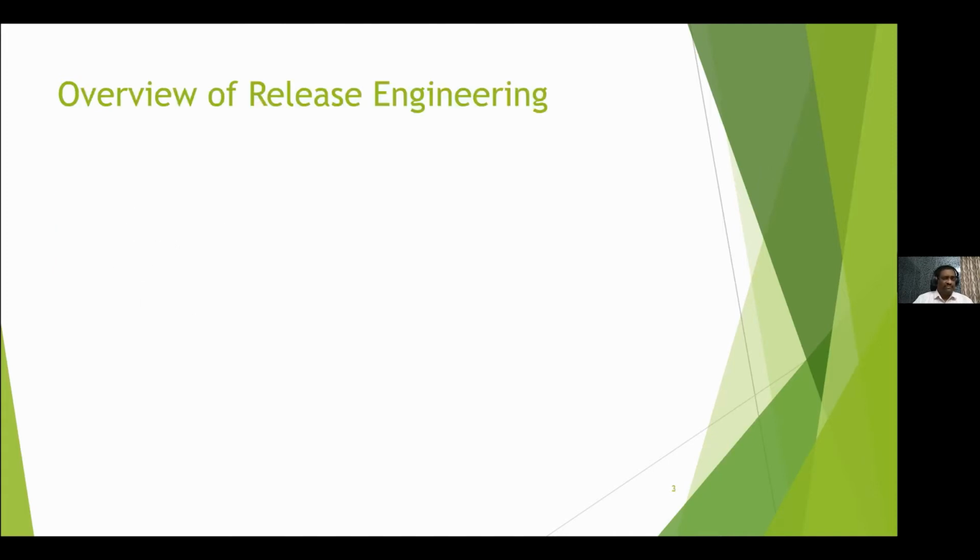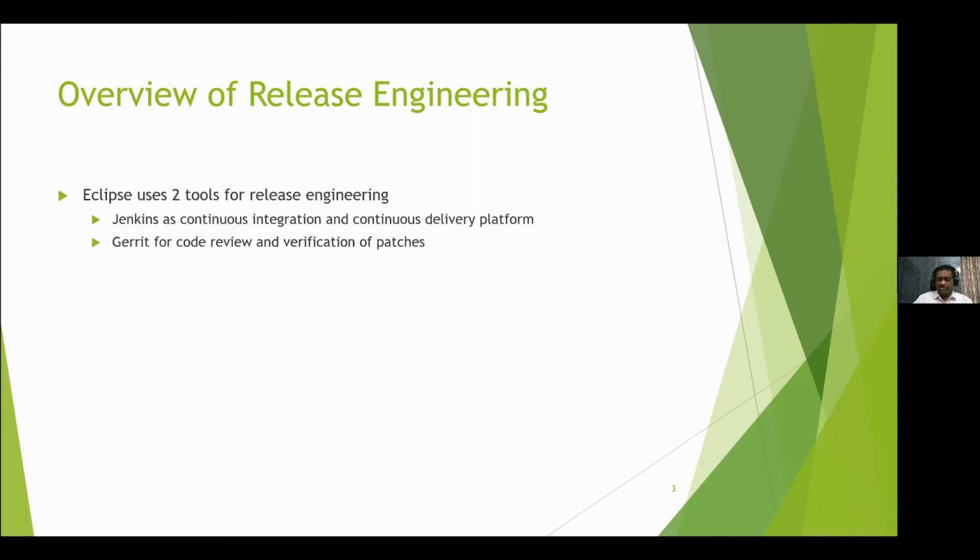Now, first, at Eclipse platform, we use a couple of tools for release engineering. The first one is continuous Jenkins, and we have 5 different instances, one for release management and 4 for Gerrit integration. For the release management, we have one specific Jenkins instance called the Releng instance.